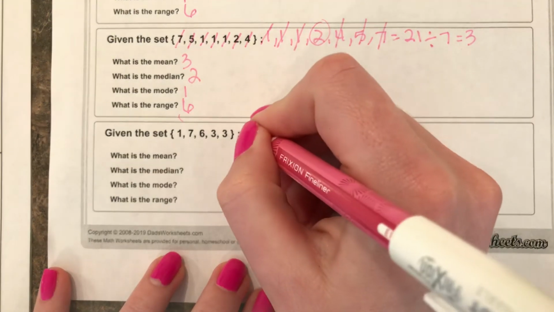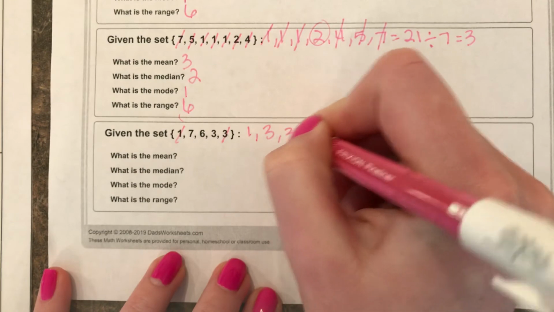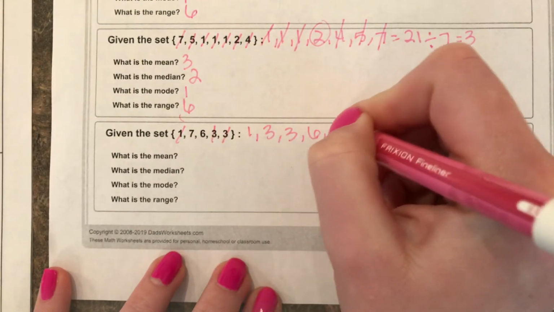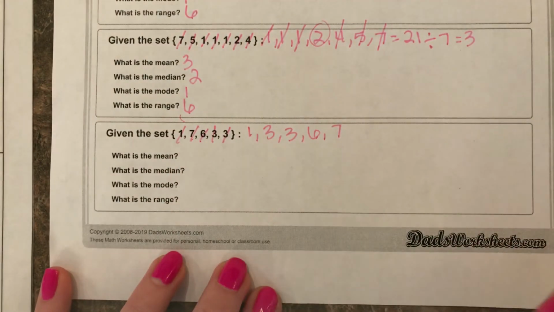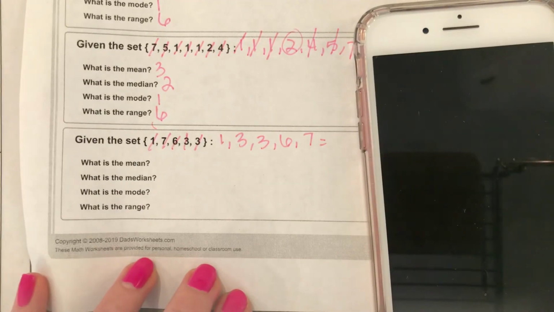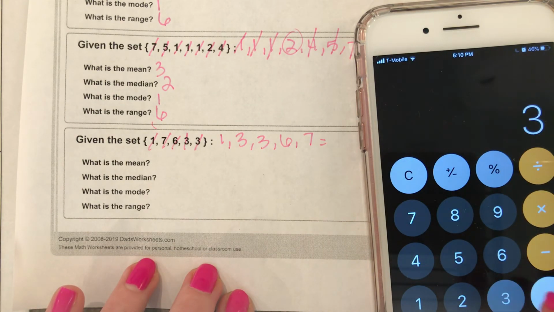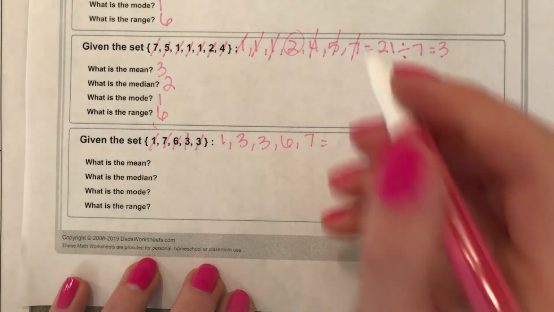All right, last one. We got to put our numbers in order. 1, 3, 3, 6, and 7. Next, we're going to add 1 plus 3 plus 3 plus 6 plus 7, 20.